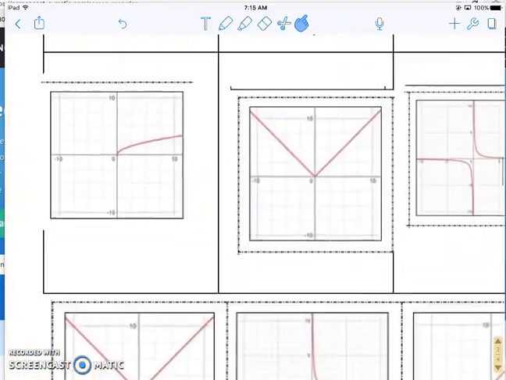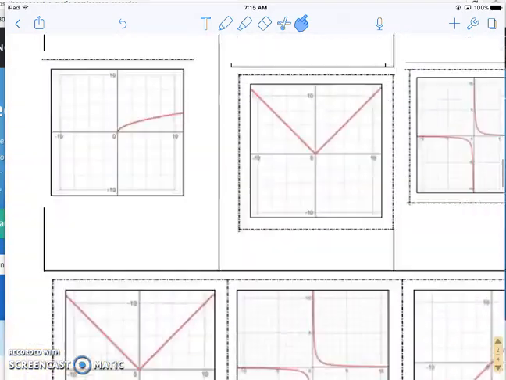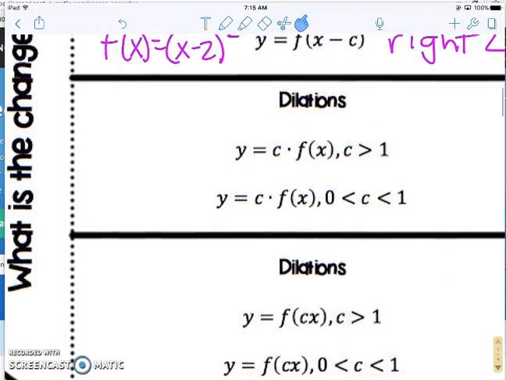Now the last two we're going to take a look at, these are probably the hardest ones to remember, the scale factor. So on this one, you can see that we're multiplying our y, the whole function, by c.